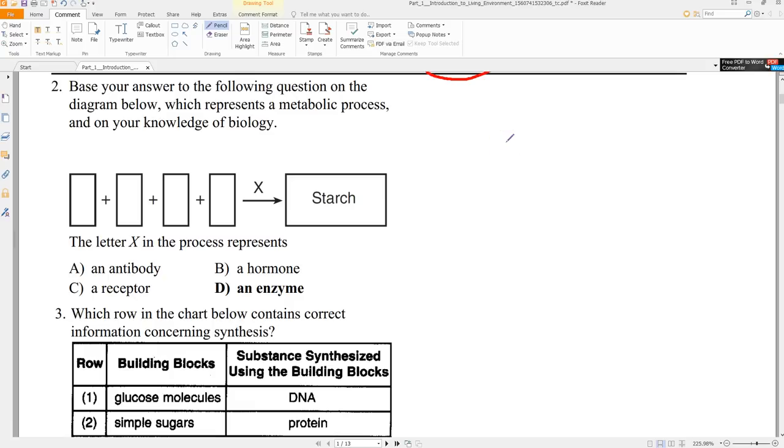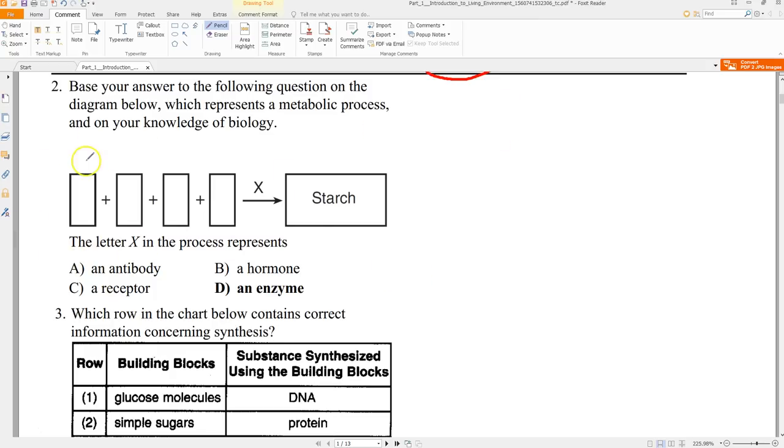Enzymes are proteins that help with chemical reactions. And these chemical reactions can be anything. For this particular test, it could be cellular respiration, or photosynthesis, or protein synthesis.